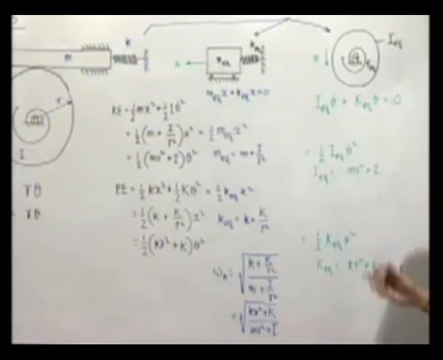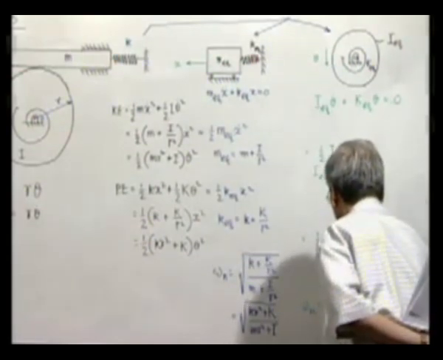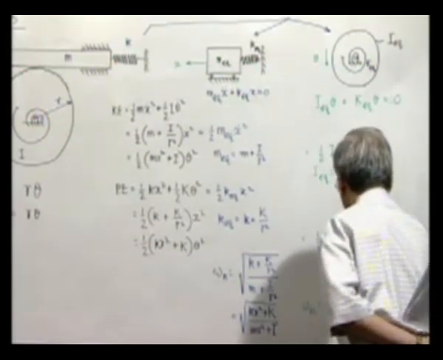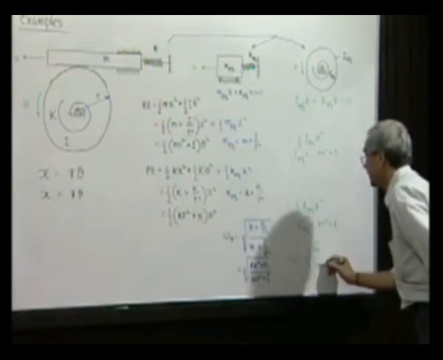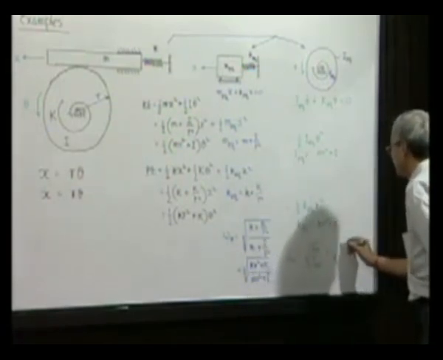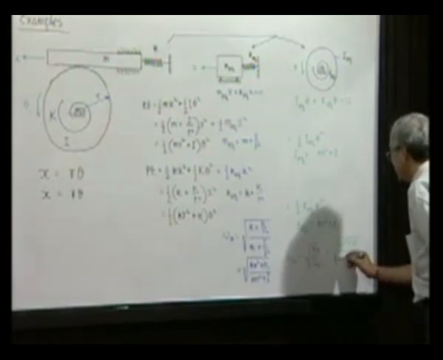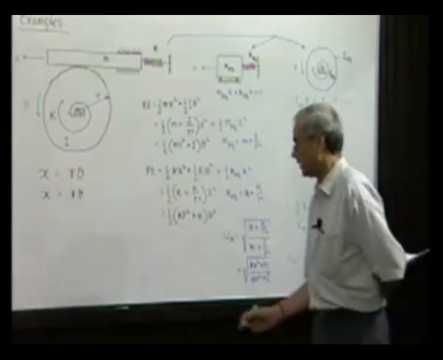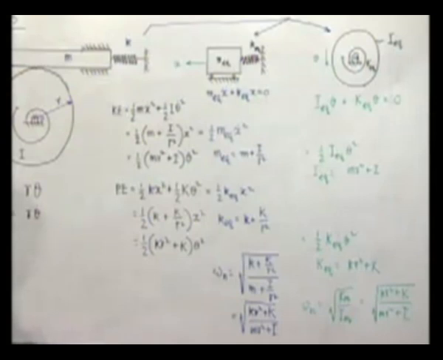So, this is nothing but the Newton, and obviously omega n will become equal to K equivalent by I equivalent. The same result you get, it cannot be different so far as the frequency is concerned.